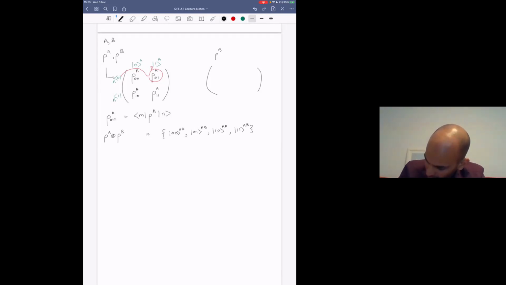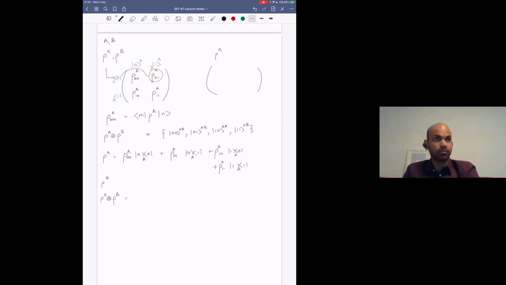So for example, I could also write rho A in bracket notation as rho 0,0 |0><0| plus rho 0,1 |0><1| plus rho 1,0 |1><0| plus rho 1,1 |1><1|, with A's all over the place, appropriately placed. And I have a similar thing for B. So we know that when we take rho A tensor rho B, I simply tensor product all of these together.